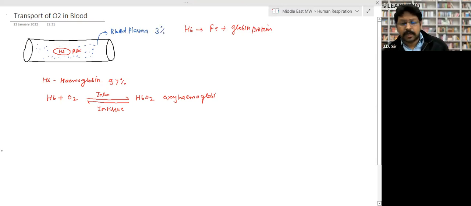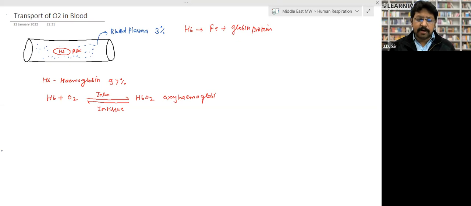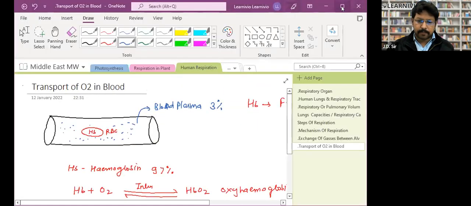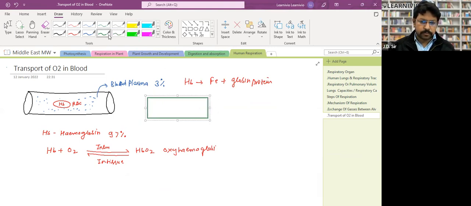This 3% is dissolved in the blood plasma. Suppose this is our tissue.